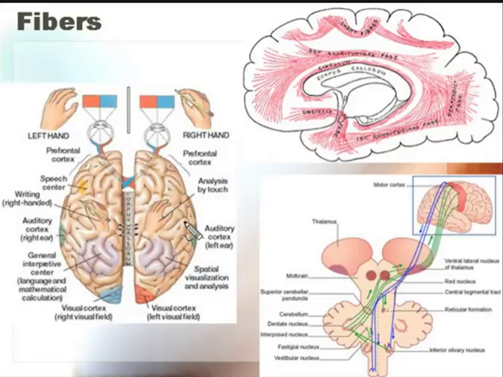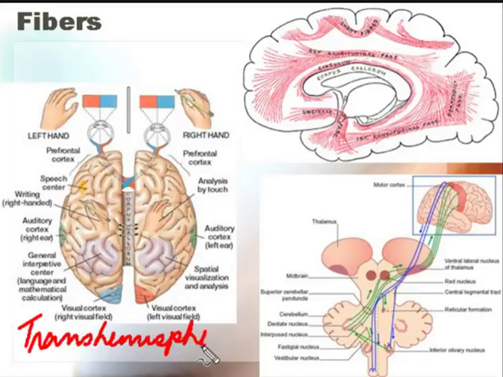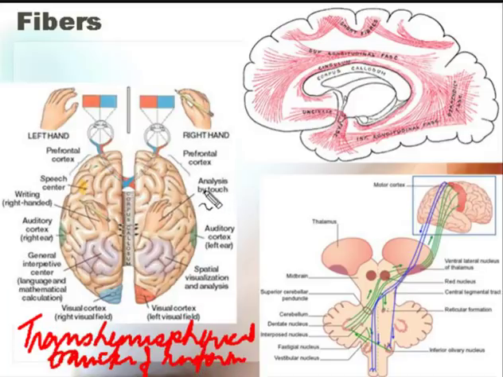So this gives information from one side to the other, and that's how you have the hemispherical transfer of information. So one cerebral hemisphere is kept alert about what's happening in the other cerebral hemisphere. So these were commissural fibers.